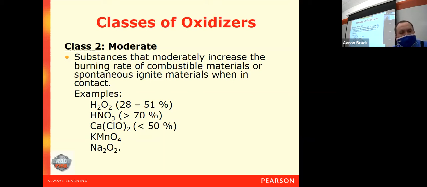In here, we once again see peroxide, this time in the 28 to 51% range. So now we're definitely getting into laboratory grade kind of stuff. Nitric acid in the 70% and above range. So we're talking really concentrated solutions here.